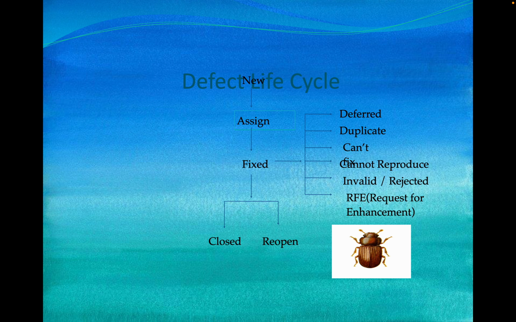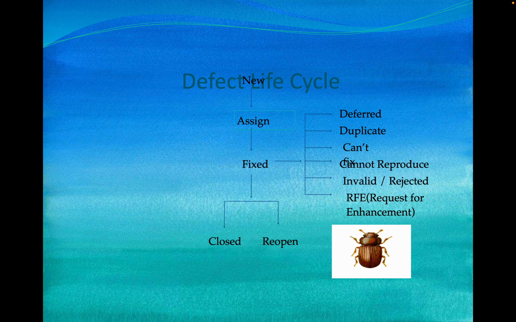So the defect is identified, it is marked as new, and now it's assigned to the software developer, because the set of documents which reveals the identified defect has to be sent to the assigned developer.